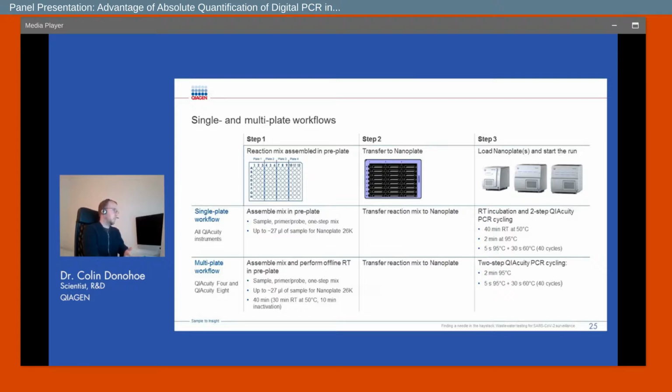This is particularly important for the generation of nonspecific signal or spurious side products which you don't want happening at room temperature.